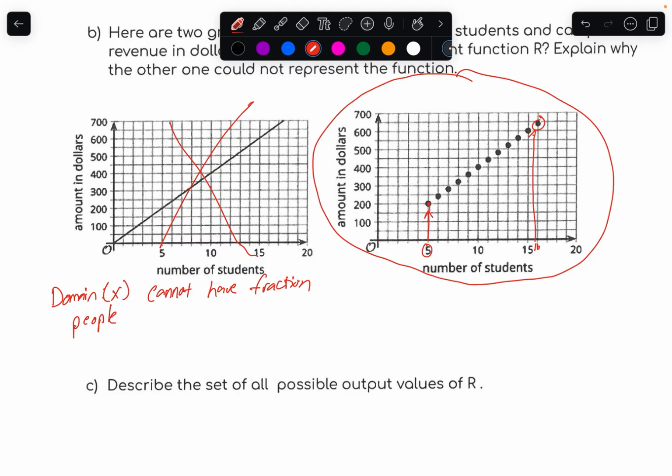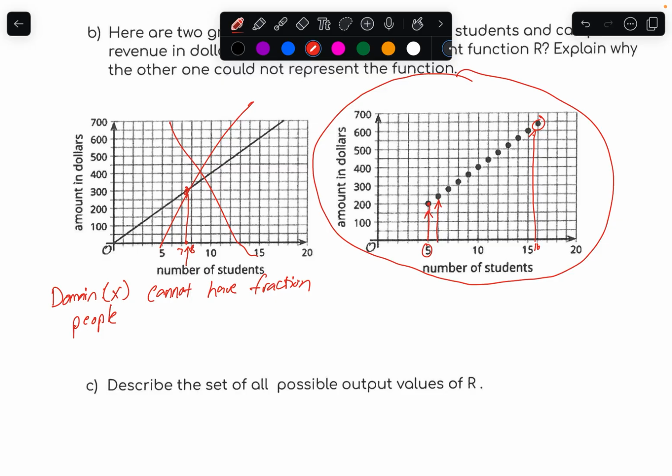All right, so the number of students, for example, could not be like 7.5 right here, right? It could be 7, it could be 8, but it could not be 7.5. So there should be no value on the graph at 7.5. You cannot connect those together.